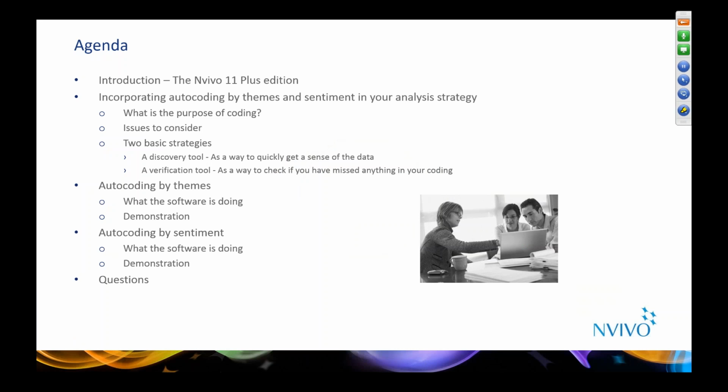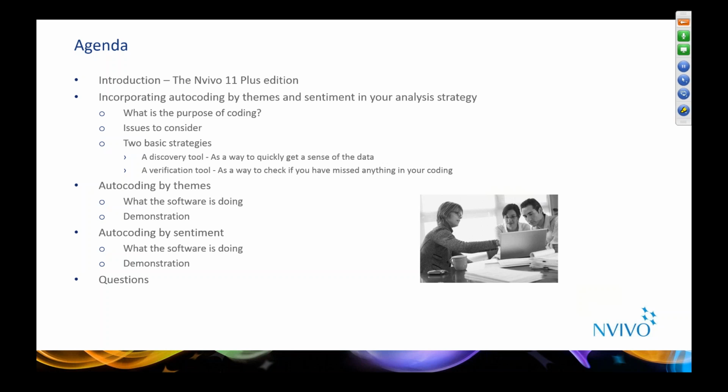Then I'll move on and talk about how to incorporate autocoding by themes and sentiment in your analysis strategy, what the purpose of coding is anyway, and issues that you should consider if you want to adopt this new feature.